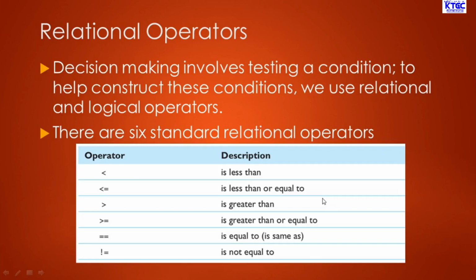Very soon, you will see how they are used. We have less than, less than or equal to, greater than, greater than or equal to, equal to, that is the comparison, and then not equal to.